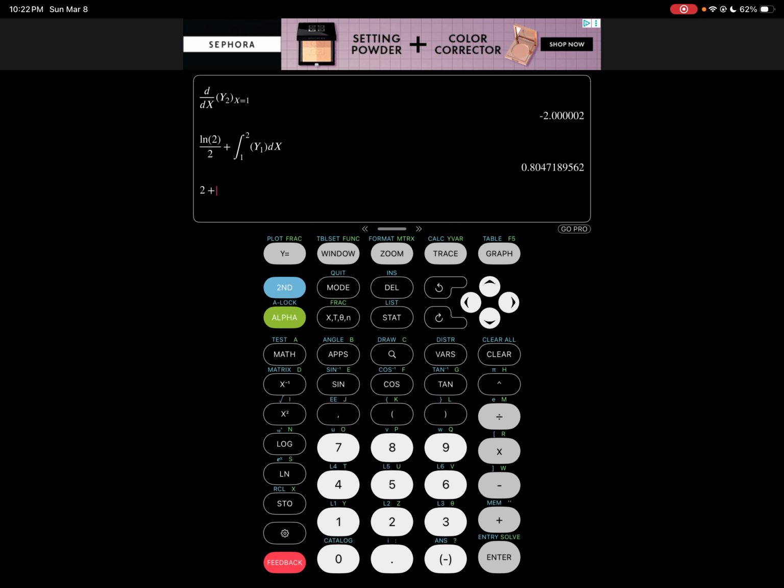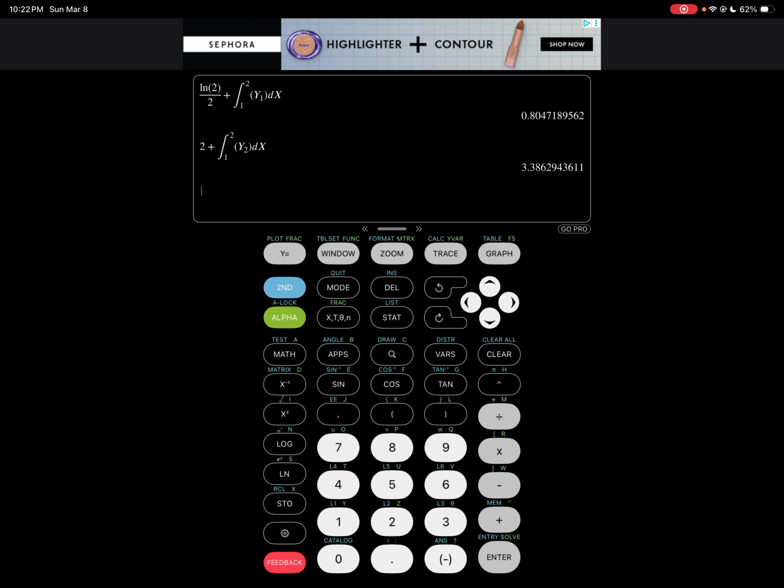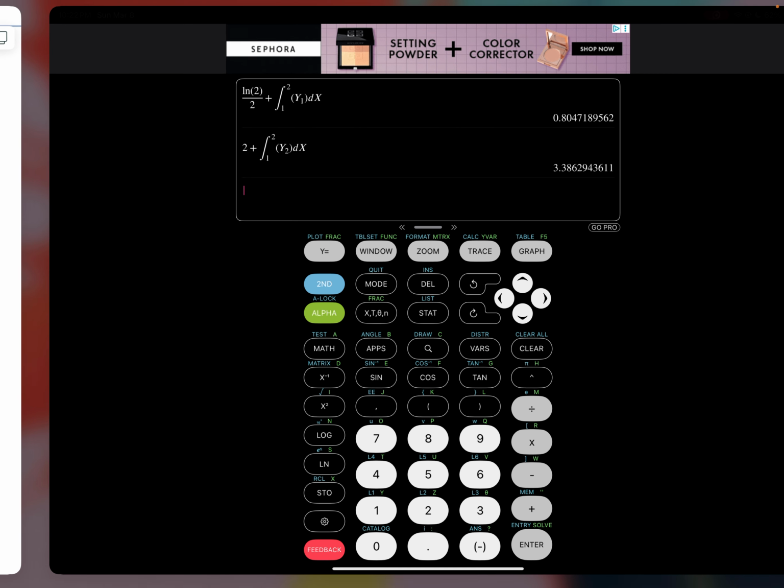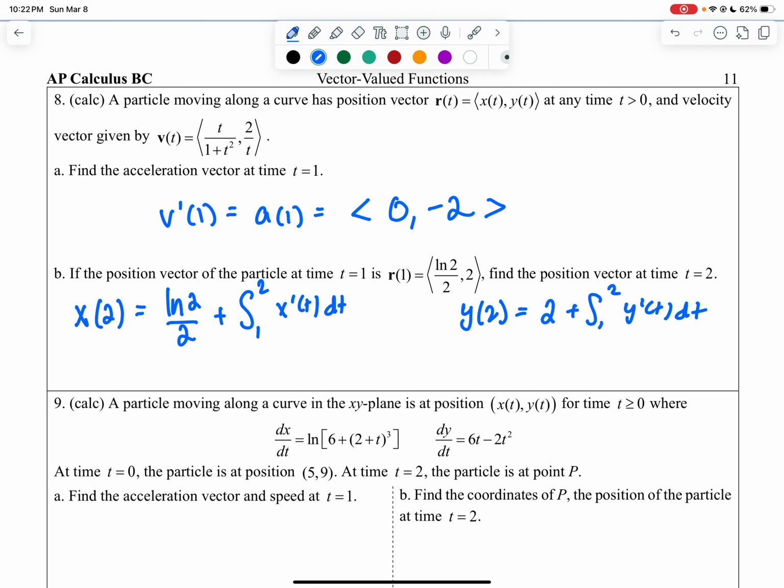So we're going to do 2 plus the integral from 1 to 2 of alpha trace y2. That gives us 3.386. Meaning that our position vector at time t is equal to 2 here, x2, y2, is going to be 0.8047, 3.3862.